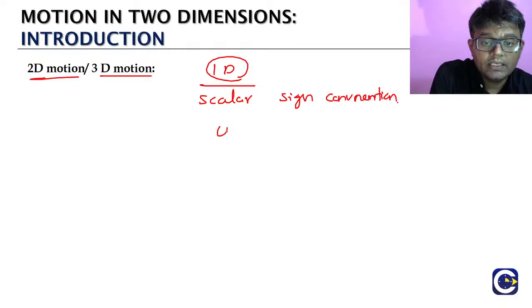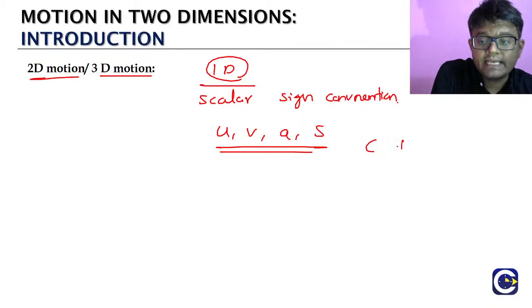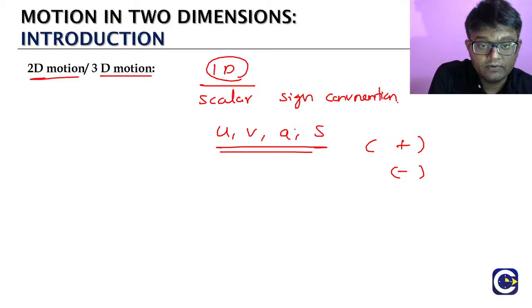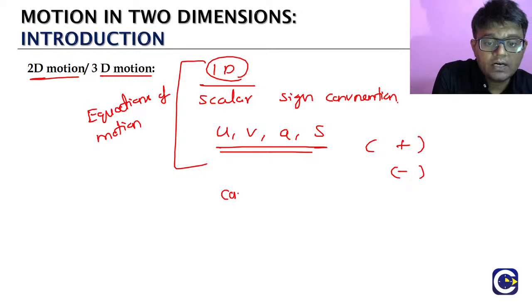The initial velocity, final velocity, acceleration, displacement, all these things we have taken as numbers, but we have used a sign convention. The quantities in one direction we have taken positive, the other direction negative, when we are using the equations of motion. Correct? That is only when we have constant acceleration.